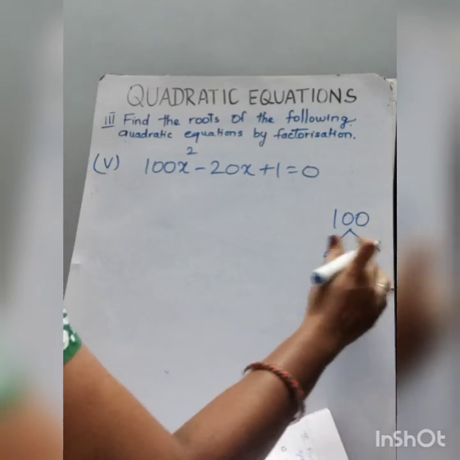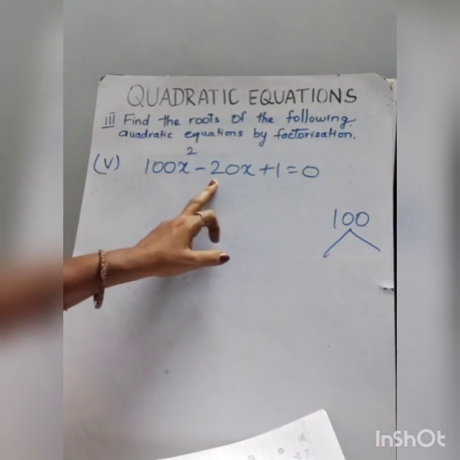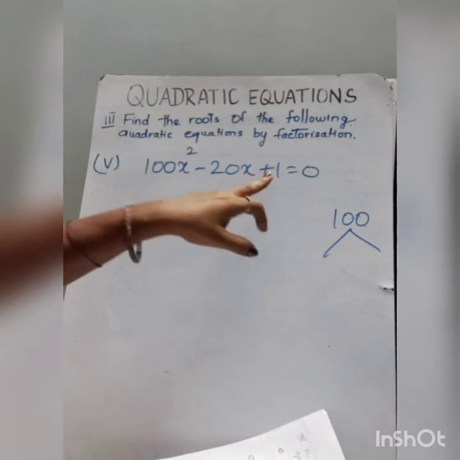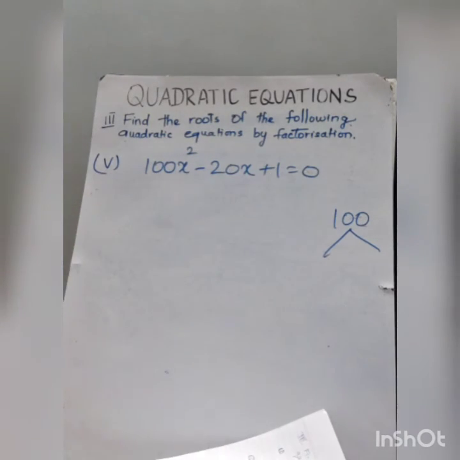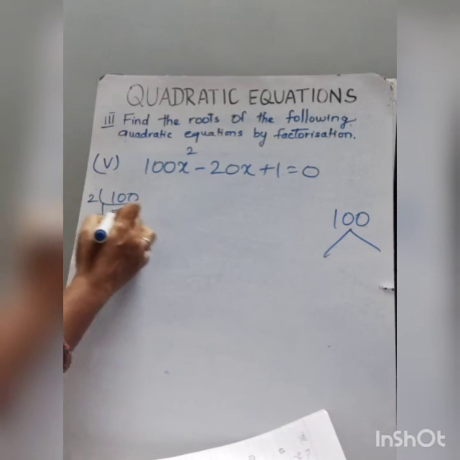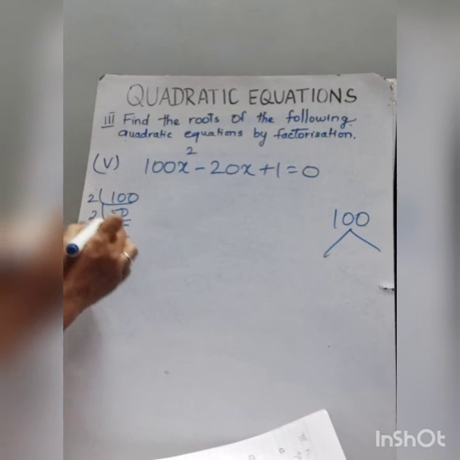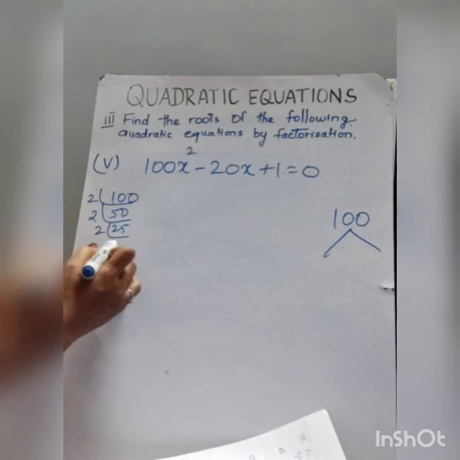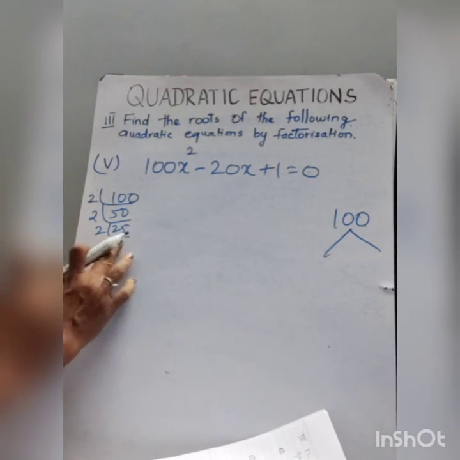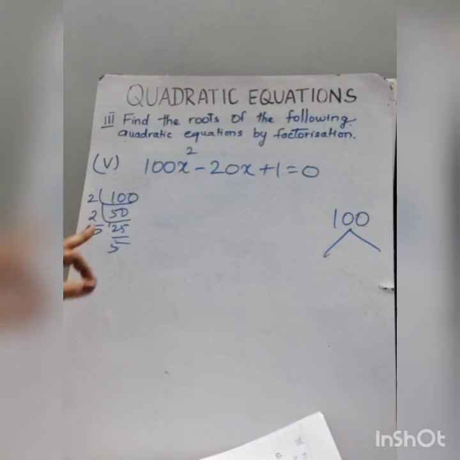I should divide 100 into two terms whose sum must be minus 20 and the product must be 100. So you know 100 can be written as 2 times 50 or 2 times 25 or 4 times 25. So 100 can be written in many ways.